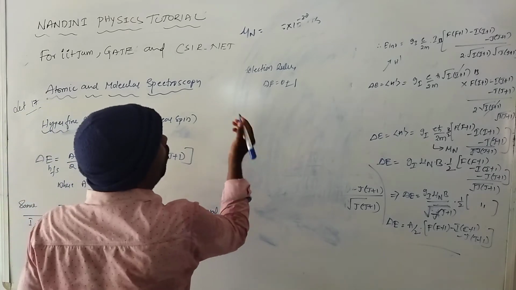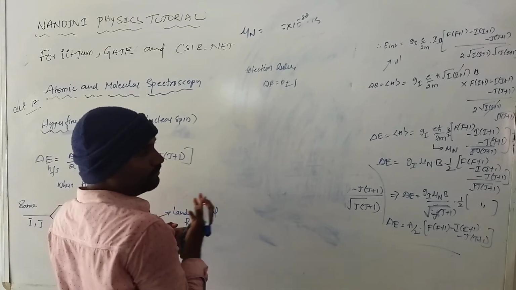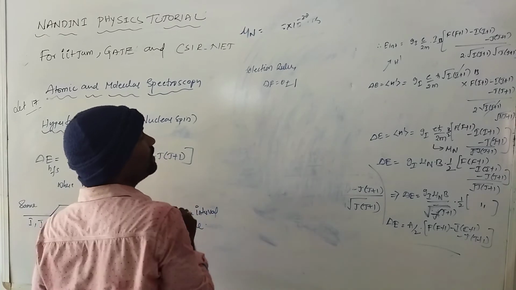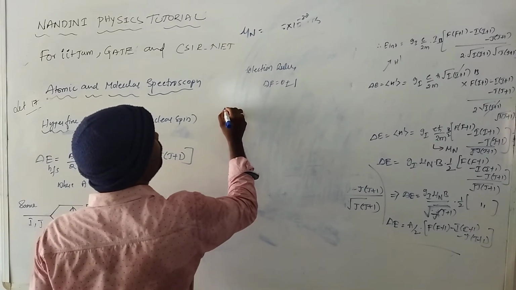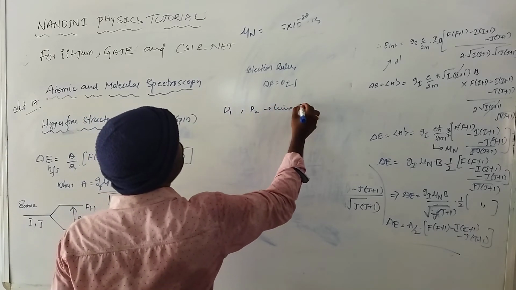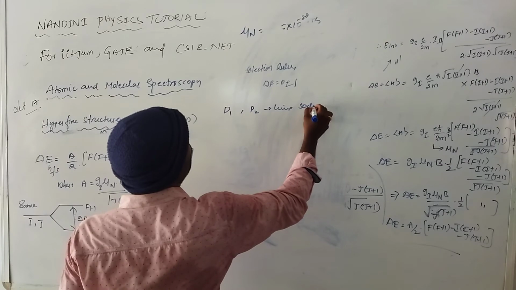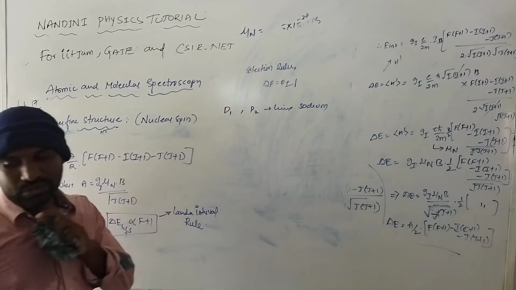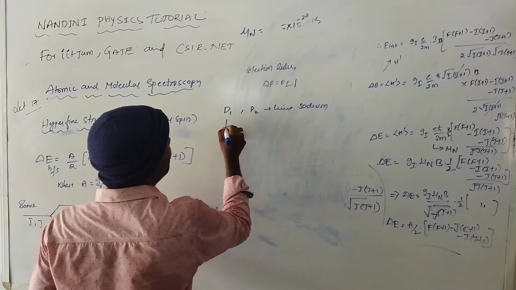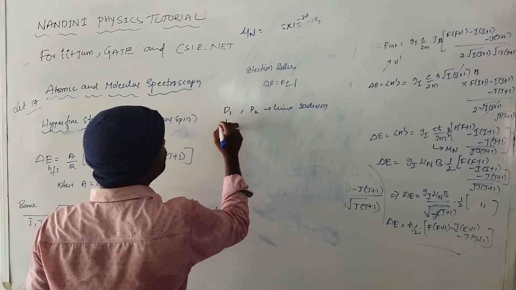So, if you draw the sodium atomic transitions by using the hyperfine structure concept, take the D1 and D2 lines of the sodium atom. What is the nuclear spin for sodium D1?